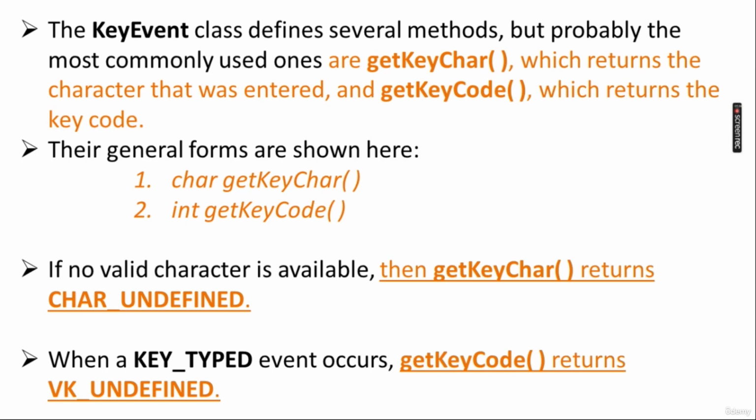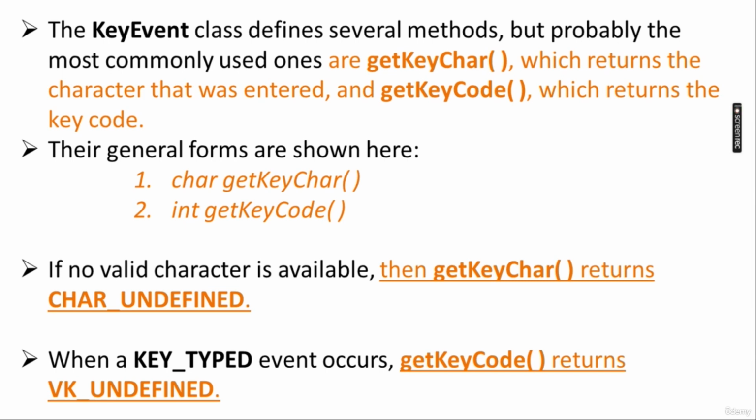The KeyEvent class defines several other methods, but probably the most commonly used are getKeyChar, which returns the character, and getKeyCode, which returns the key code in integer format. So there are two methods given by the KeyEvent class. First is getKeyChar, and it returns the character.